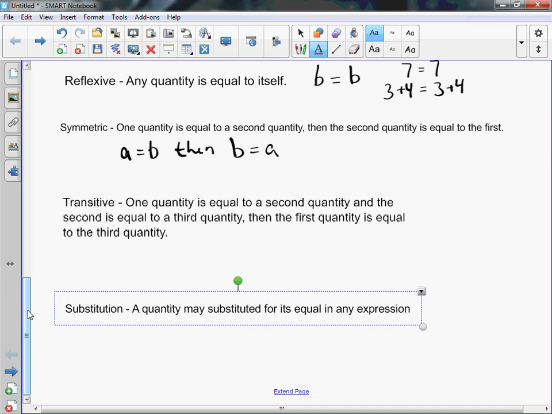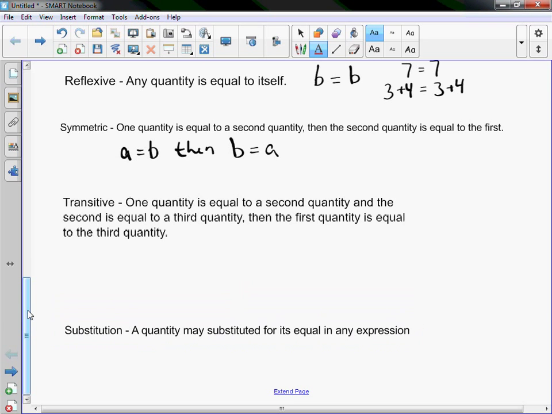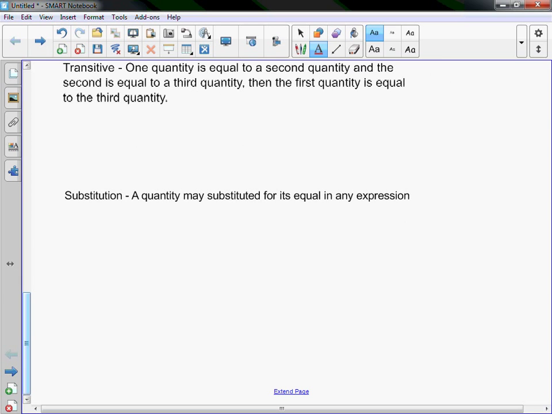Transitive property. This one comes in very handy, especially in geometry later on. It's not called transitive in geometry, but the same principle is used quite a bit. With the transitive property, a first variable would be equal to a second, and that same second variable is equal to a third.